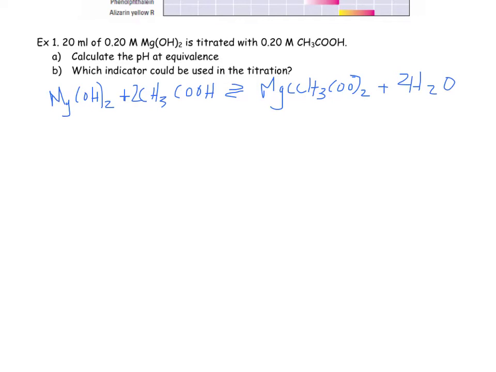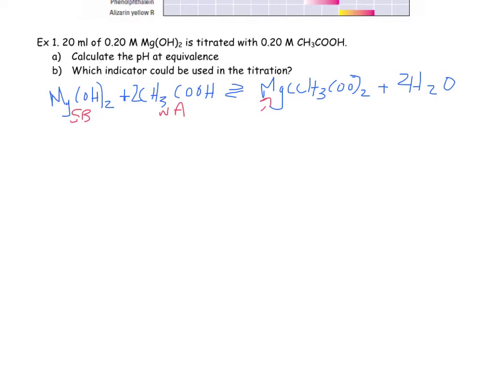Because magnesium is in group 2, magnesium hydroxide is a strong base. Because ethanoic acid is a carboxylic acid, it's a weak acid, and I will not have pH 7 at equivalence because I'm not going to make a neutral salt.